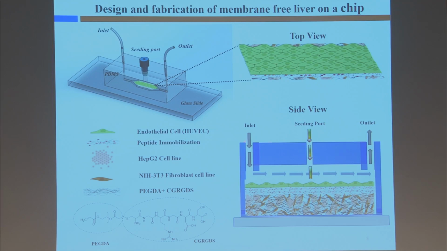To achieve our final step, we have done peptide immobilization over the surface of this cell encapsulated PEGDA, and that's how, after 24 hours of seeding HUVEC cells, we can see that with the help of self-assembly, these cells form the monolayer. So that's how we have achieved our membrane-free liver on a chip platform. This model can also act as a 3D liver tissue chip.